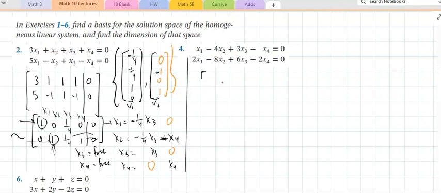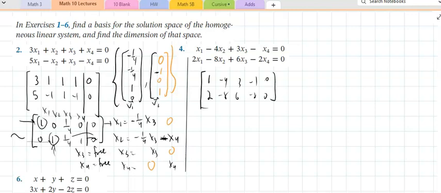And if I do 4, we're trying to figure out, so here, 1, 2, -4, -8, 3, 6, -1, -2. Actually, let me keep it. I don't know why I was going to put all zeros. Now, let me solve it.